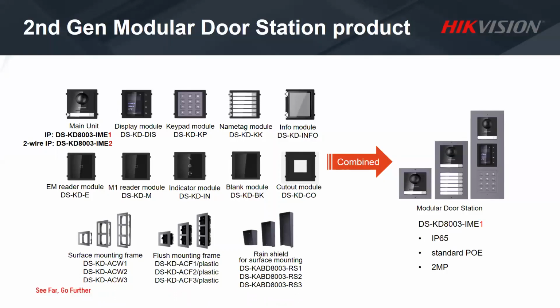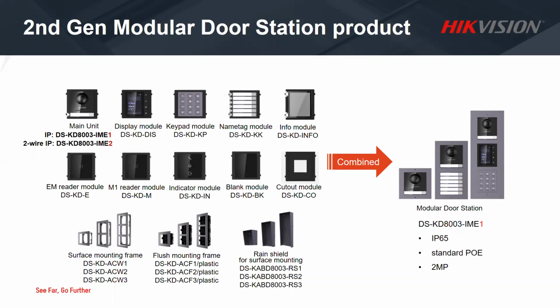Because those can be used for both IP and 2-wire IP, because the connection between the main unit and the sub-units is just an RJ45 connection. So it doesn't matter what the main unit is. That means those sub-modules can either be used in an IP system or a 2-wire IP system. So the network port or the 2-wire port is on the main unit.